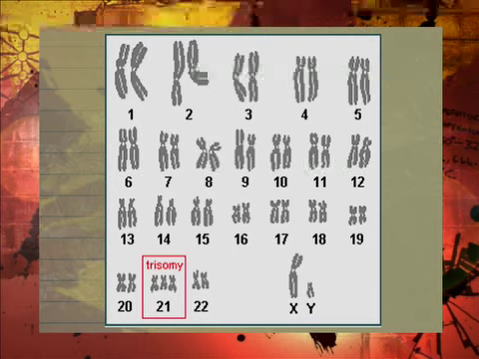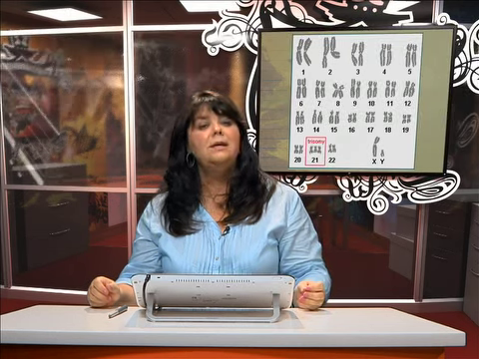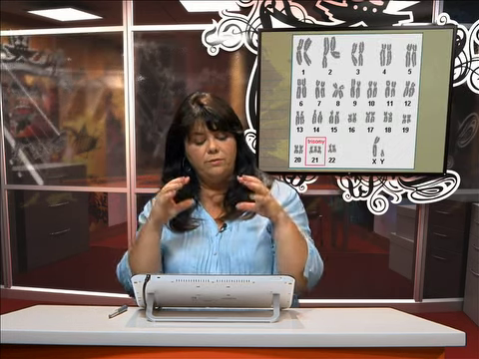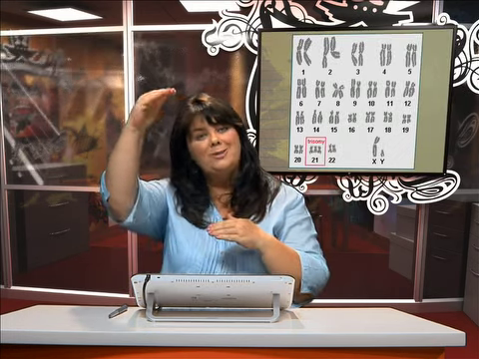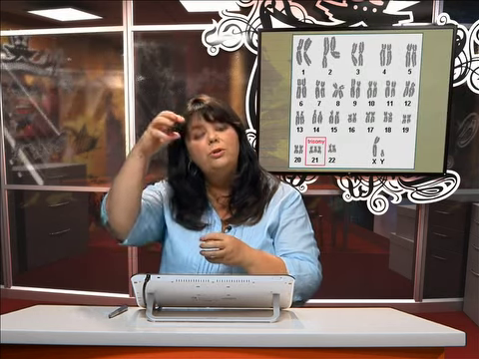This is constructed by scientists from photographs, and they can match the 2 copies of chromosome 1, the 2 of chromosome 2, and so on. And you can see that in this particular individual, there are 3 copies of chromosome 21, and that is a result of a non-disjunction. During anaphase 1, instead of chromosome 21 splitting and going 1 to the one pole, 1 to the other pole, both of chromosome 21 went to one pole.